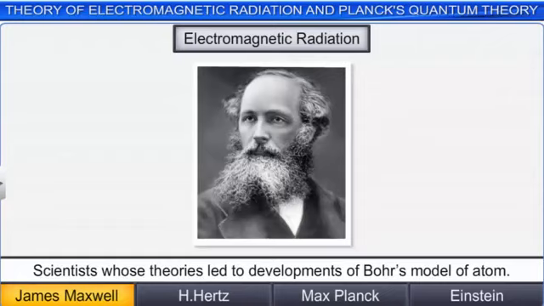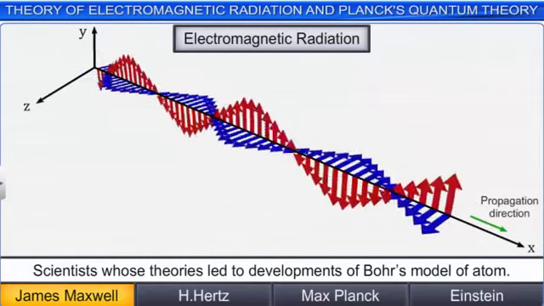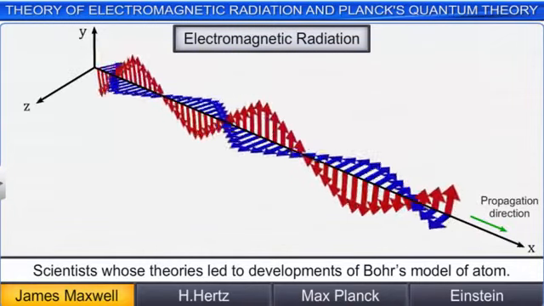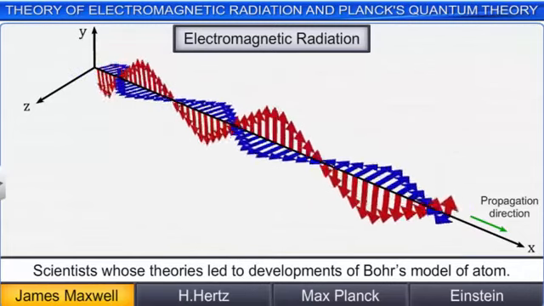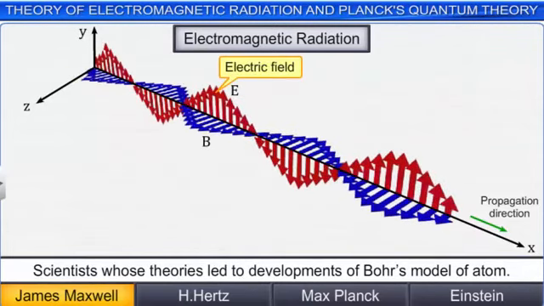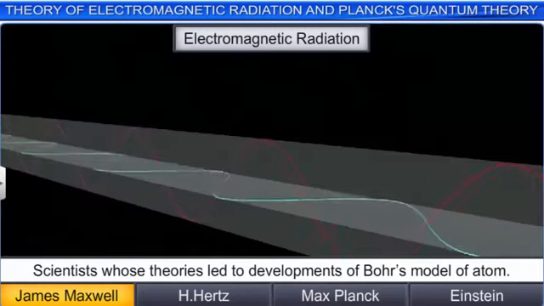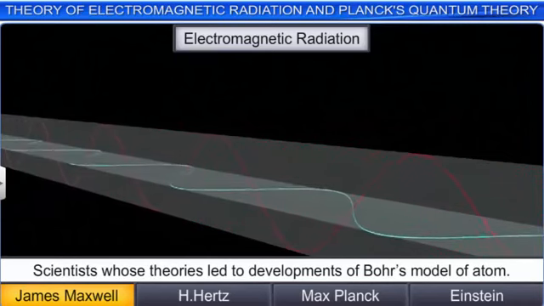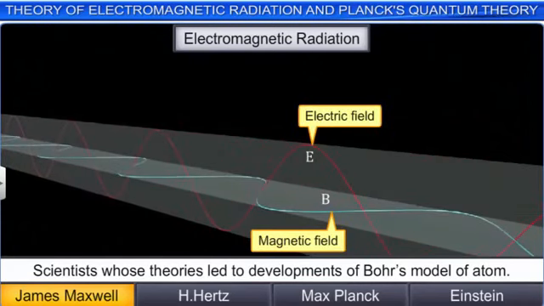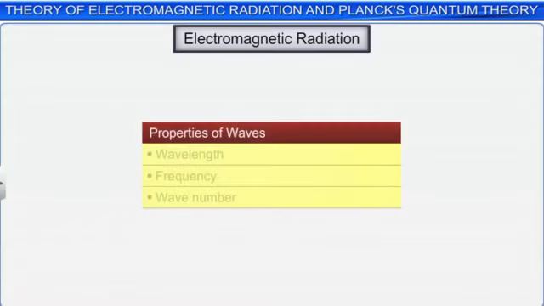Note that the name electromagnetic radiations is attributed to the waves that consist of oscillating electrical and magnetic properties. An electromagnetic wave can be represented as shown. To characterize a wave, we need to specify its properties, such as wavelength, frequency, and wave number.